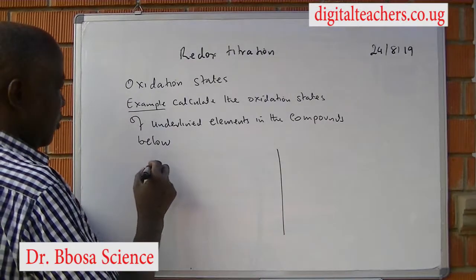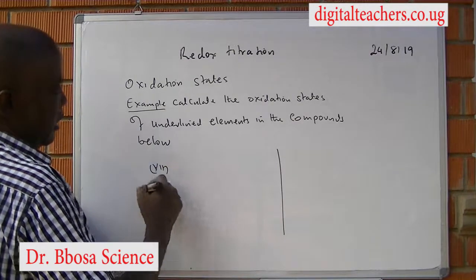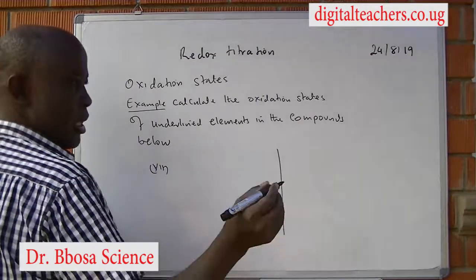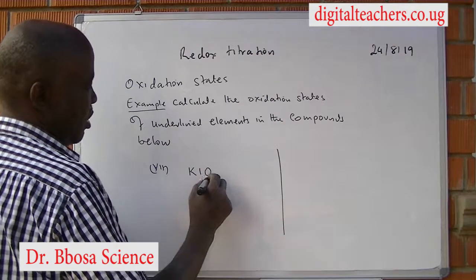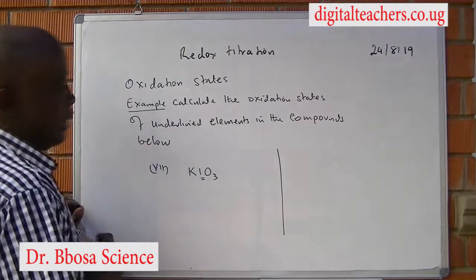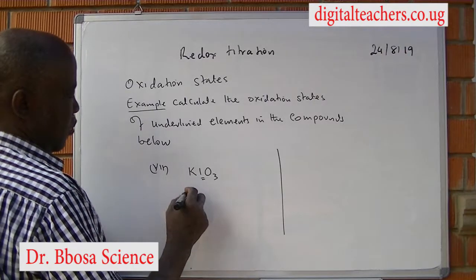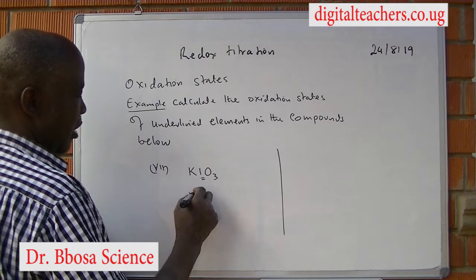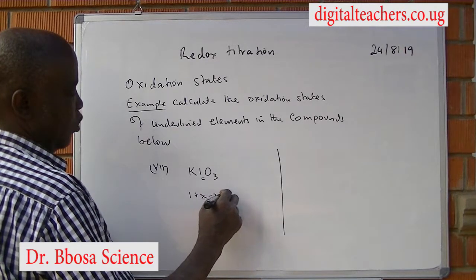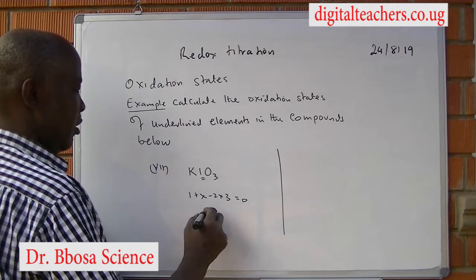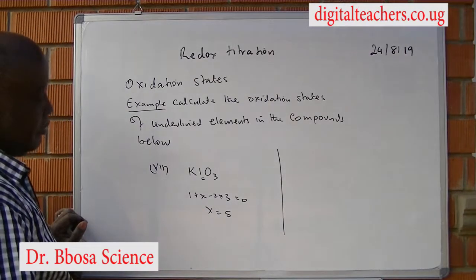If we go to 7 and you are asked to calculate the oxidation state of iodine in potassium iodate, again we shall say this is 1 plus x minus 2 times 3 is equal to 0, x is equal to 5.